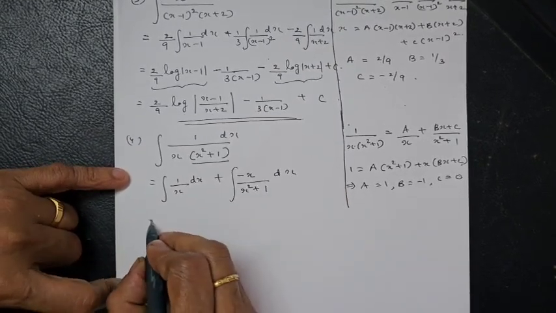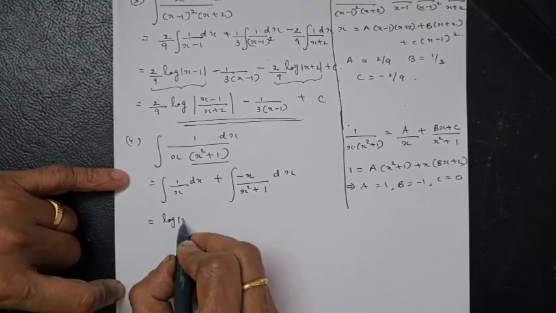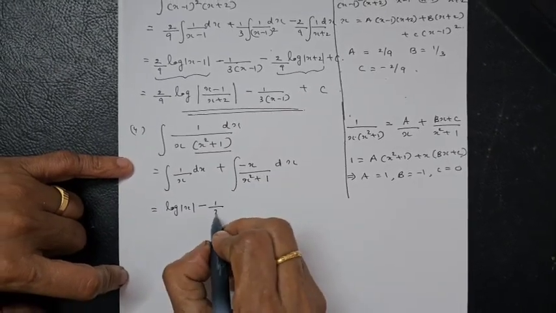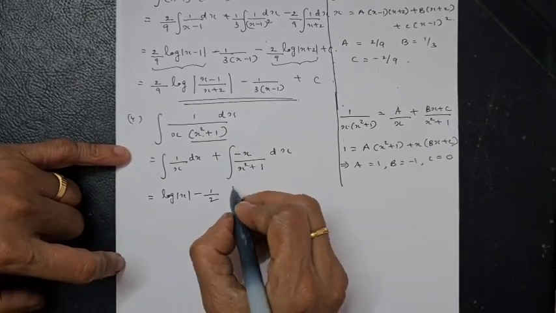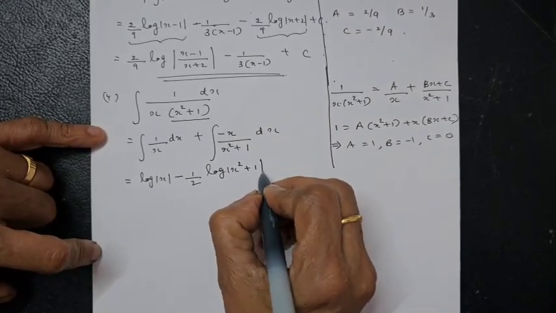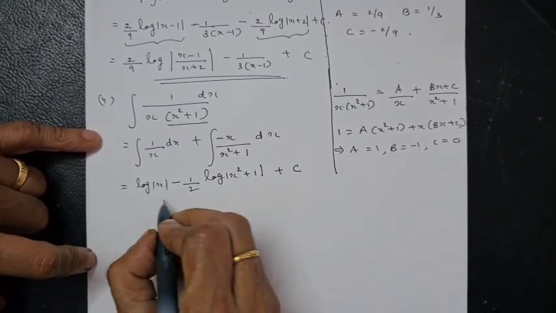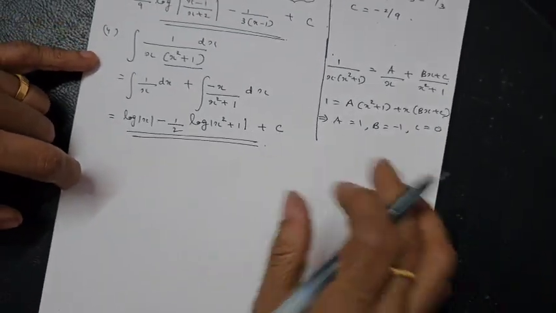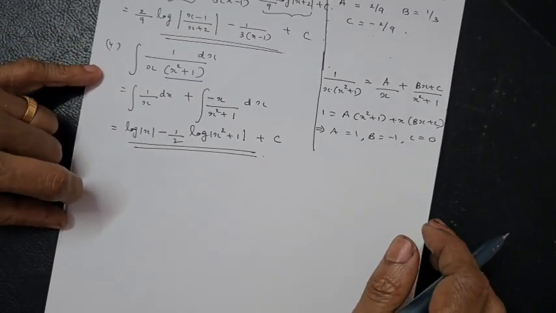So integral of 1 by x is log mod x, and this is minus 1 by 2 into 2x by x square plus 1, which is f dash by f. So log mod x minus 1 by 2 log mod x square plus 1 plus c. So we have discussed the four different types under partial fractions.